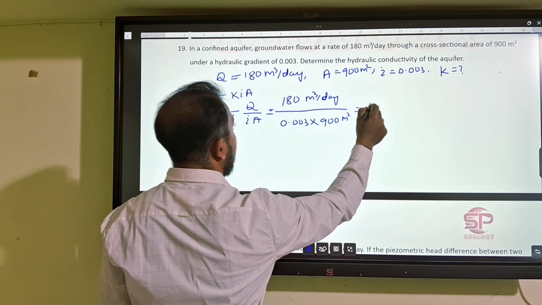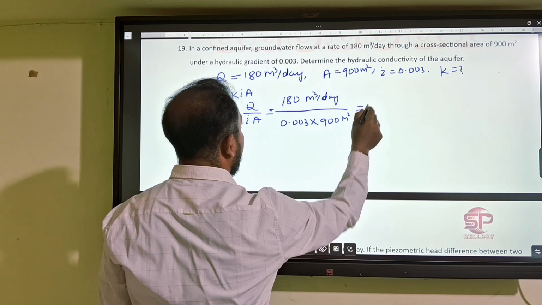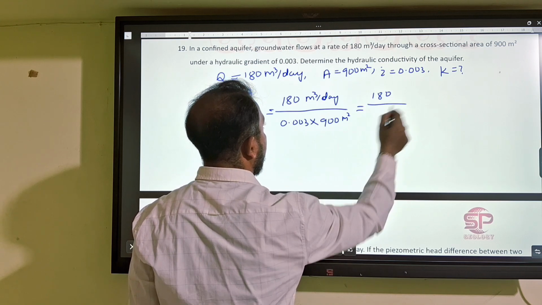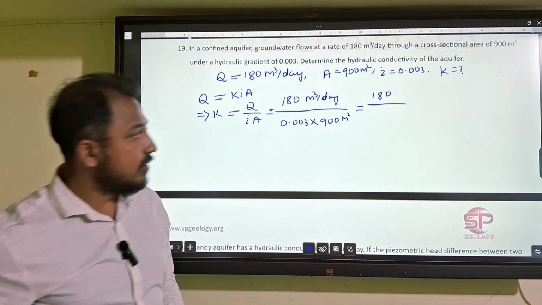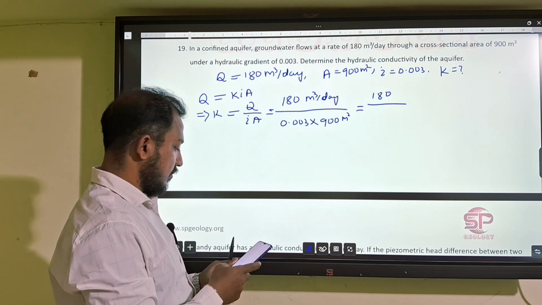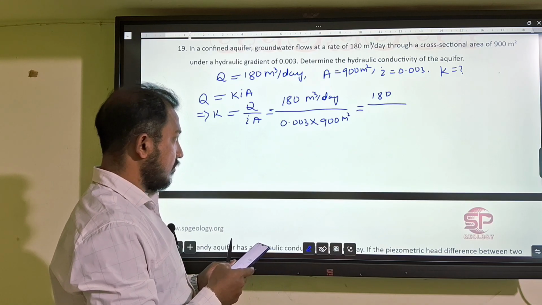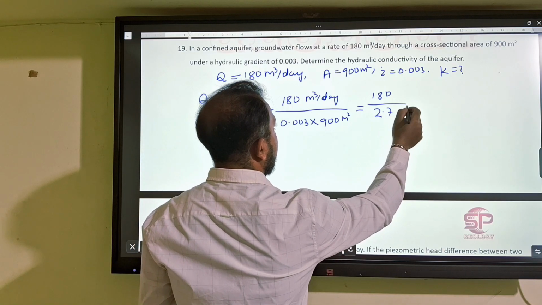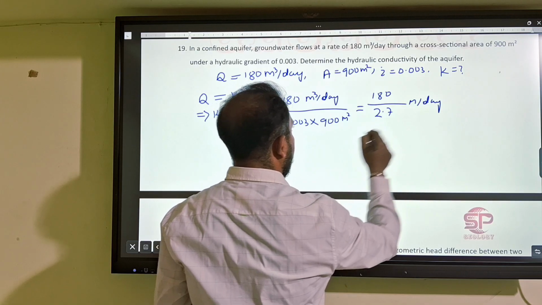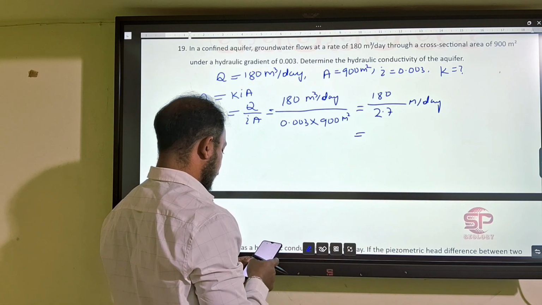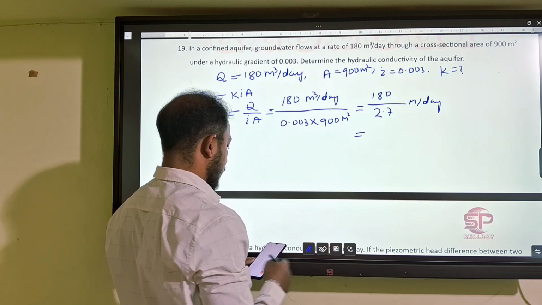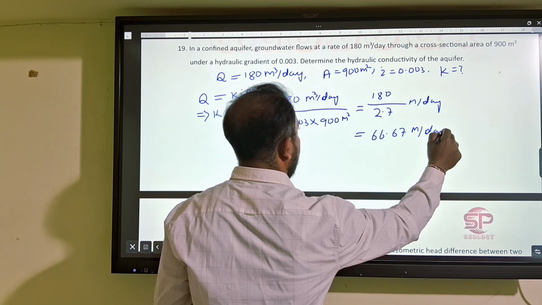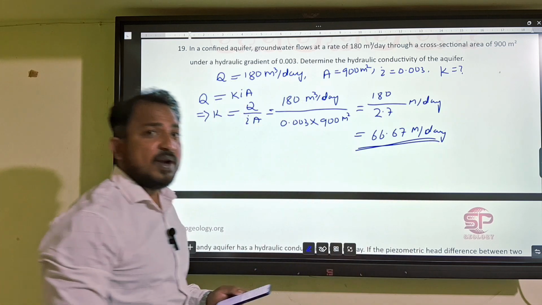So the answer will be in meter per day. It will be 66.67 meter per day. So hydraulic conductivity will be 66.67 meter per day.